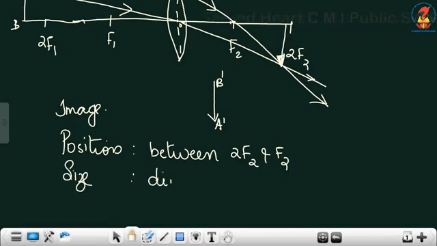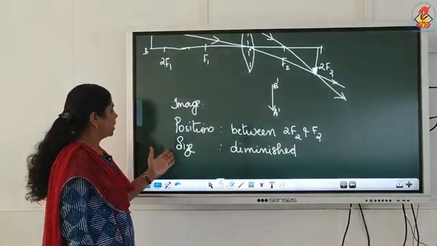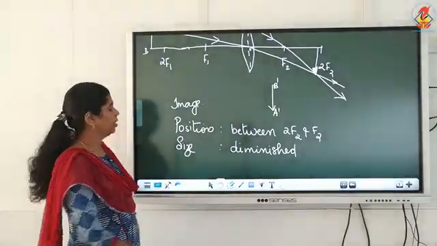When you do it with pencil and scale, you will get a diminished image. Here I am not doing it with pencil and scale. That's why the size of the image is not the same. Size is diminished.